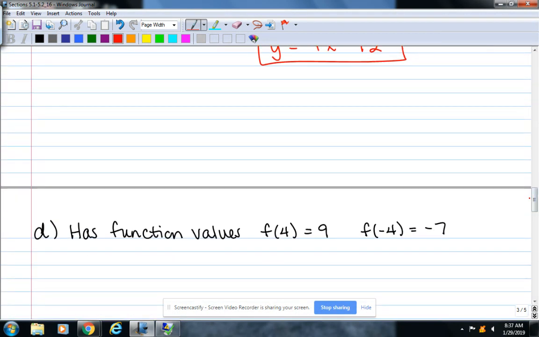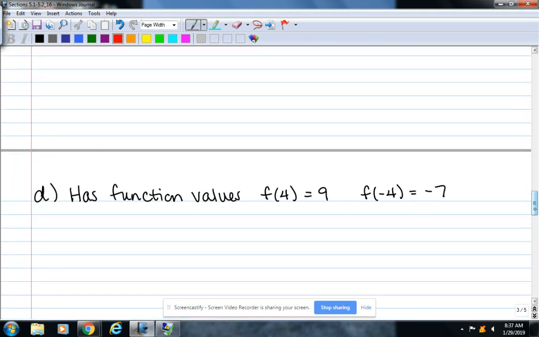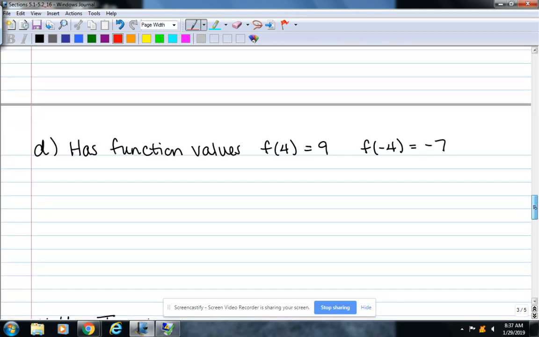All right. So, this time they did it in function notation. We're not going to let this scare us. It's the same thing as an ordered pair. So it says f of 4 equals 9 and f of -4 equals -7.